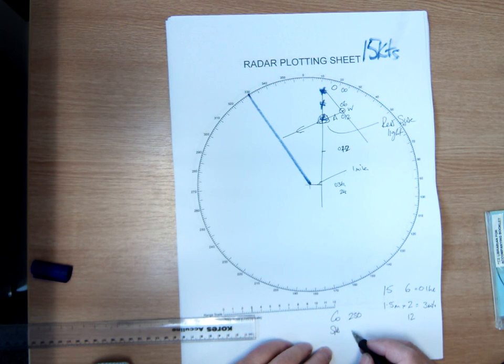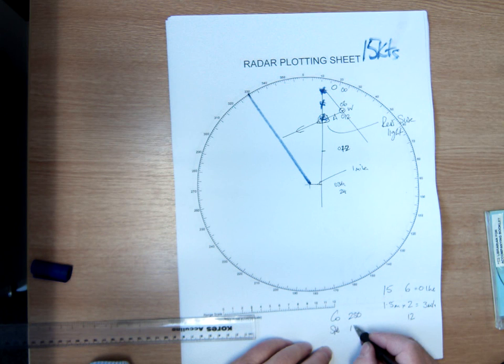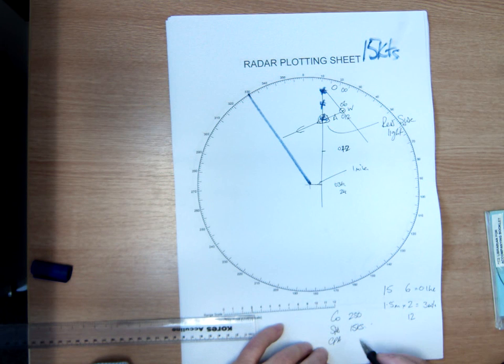So she's doing 3 miles in 12 minutes. So same as us, 15 knots. CPA is 1 mile, we said. Time of CPA is in 24 minutes time.